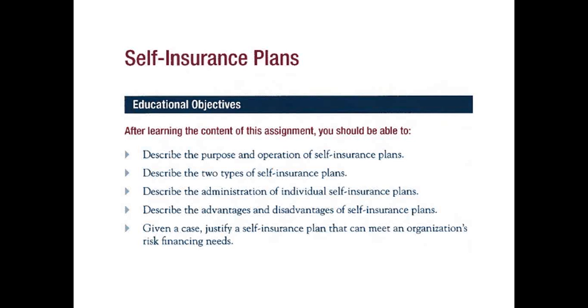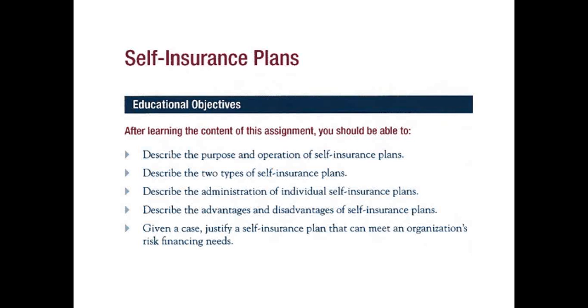Typically, when we talk about the advantages and disadvantages, we're going to be talking about tax implications a little bit more, and also the administration. Those are probably the key elements when we talk about self-insurance, because a lot of decisions have to be made when an organization decides to self-insure, of knowing what the rules are. The administrative burden in some cases might be a reason why they may go to a high deductible program just because of the time requirements of it.